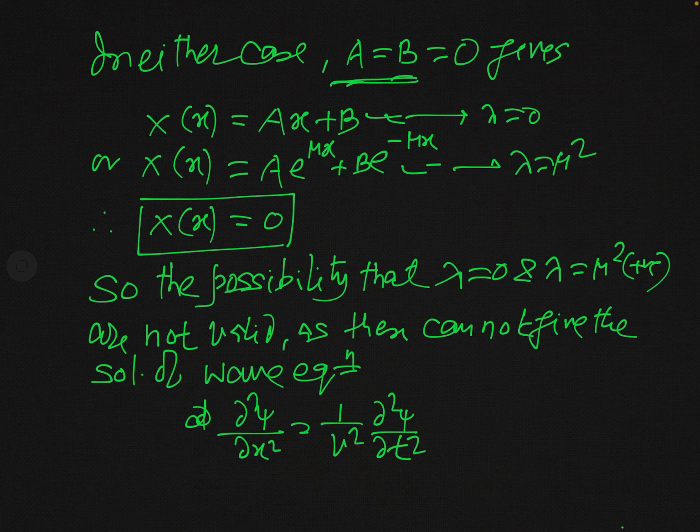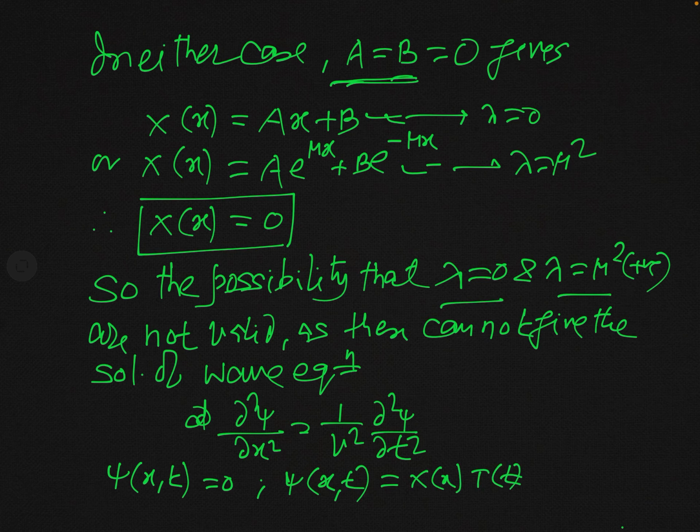Because in this condition, if you consider lambda equal to 0 and lambda equal to mu square, then for all values of x, this capital X will vanish, and if capital X vanishes, then psi of x,t will be 0. Why? Because you know psi of x,t is equal to X of x into T of t, and as we have proved that this X of x will be 0 for all values of x, this wave function will be 0 for all values of x and t.